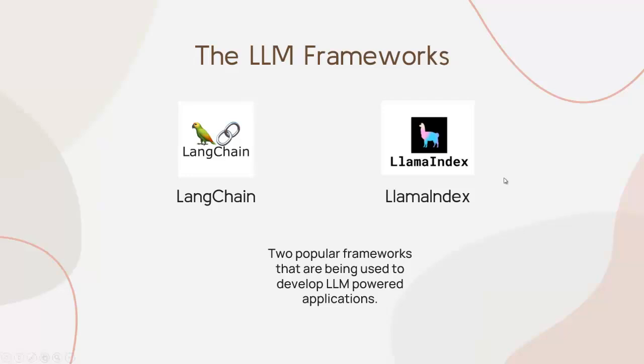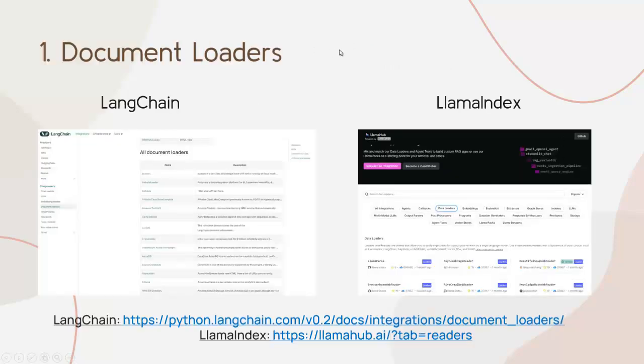Now is a good time to introduce two LLM frameworks that are quite popular to develop LLM powered applications: LangChain and Llama Index. We are going to use LangChain for this demo, but you can also use Llama Index. The first step is the document loading.